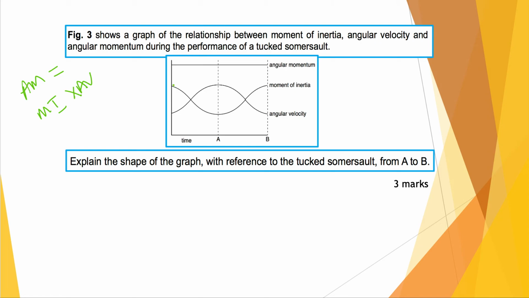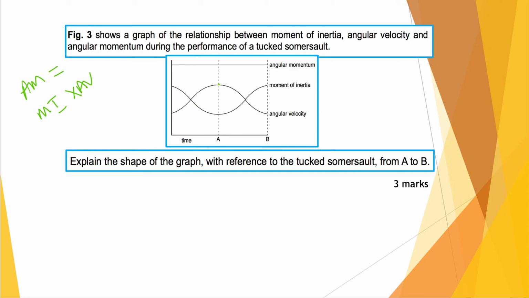And we know at the start of the tucked somersault, moment of inertia is high because the body is straight, which means that angular velocity must be low in order to conserve angular momentum.